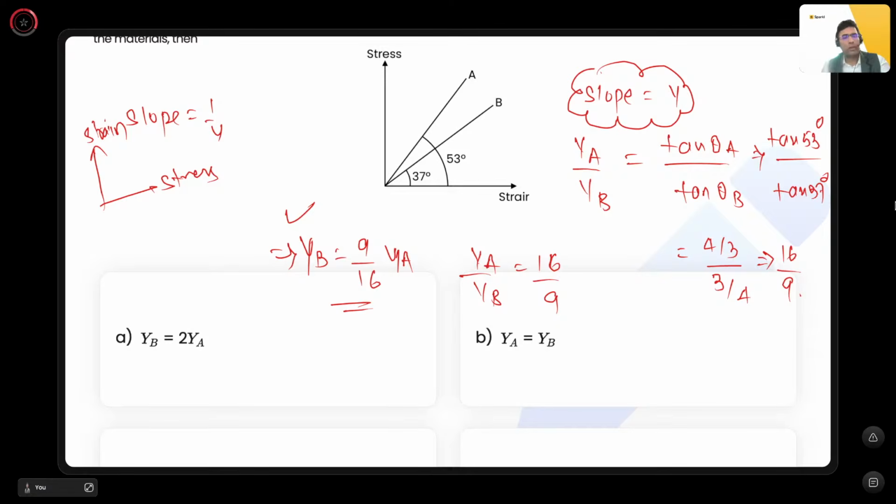Marks lose होते भी हैं तो कुछ ना कुछ silly mistake से होंगे, तो वो आपको ध्यान रखना है.